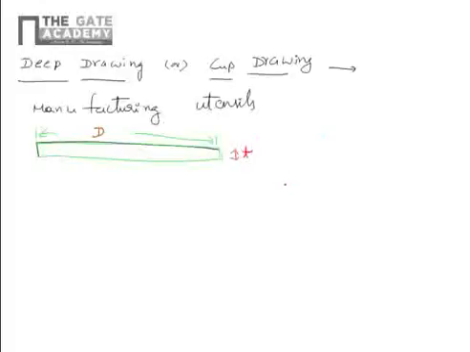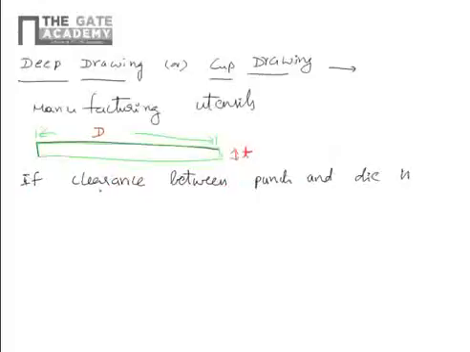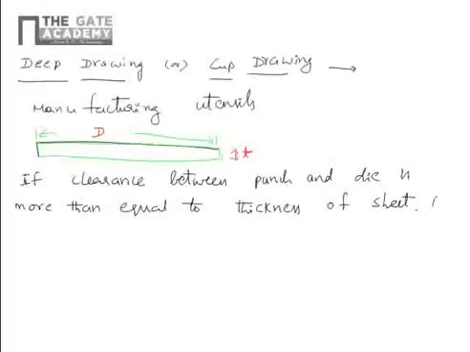If we apply a load on it, if the clearance between punch and die is more than or equal to the thickness of the sheet, then the sheet can form a cup shaped component.